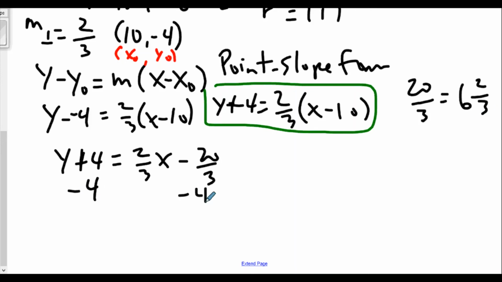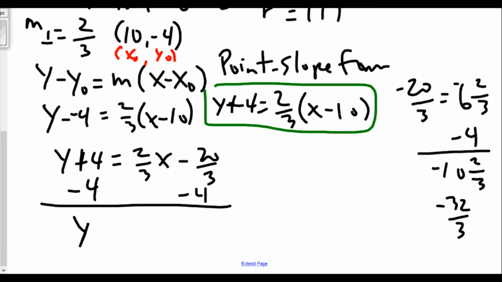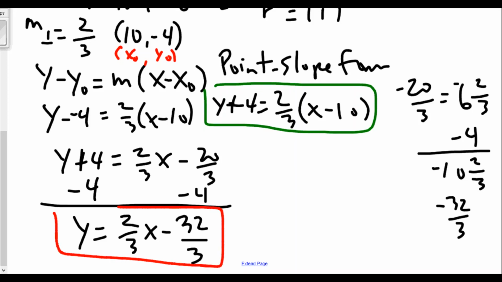This is negative 20/3, so it's negative 6 2/3, and if I subtract another 4, that will be negative 10 2/3. As an improper fraction, 3 times -10 is -30, plus 2 is -32 over 3. So we get y = 2/3 x - 32/3, which is the slope-intercept form. Our y-intercept is -32/3 and our slope is 2/3.